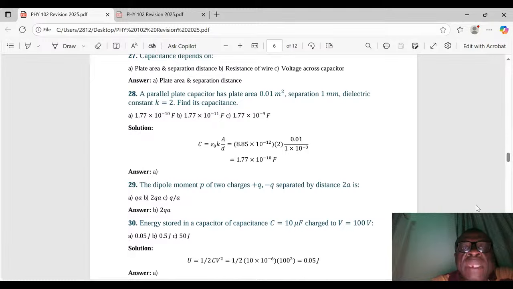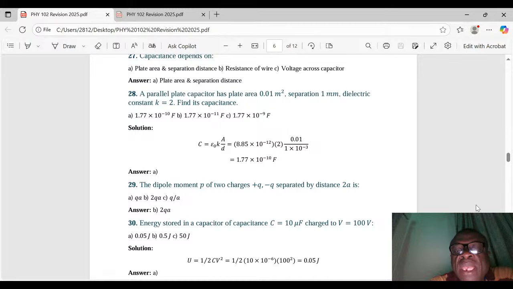28. A parallel plate capacitor has a plate's area of 0.01 meters square, separation 1 millimeter, dielectric constant is 2. Find the capacitance. Look at the formula. C is equal to permittivity K A over D. I told you that permittivity is the constant and the value will always be provided.